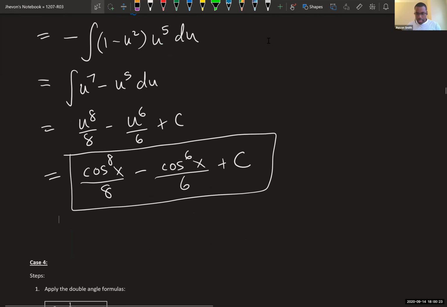The spacing was off, it looks like. So I'm running into the notes from the other sections. Let me move these here.